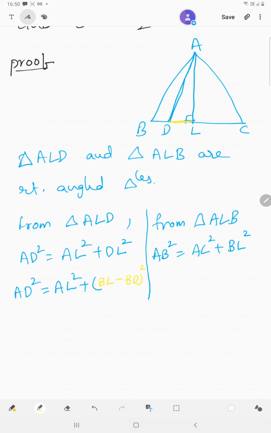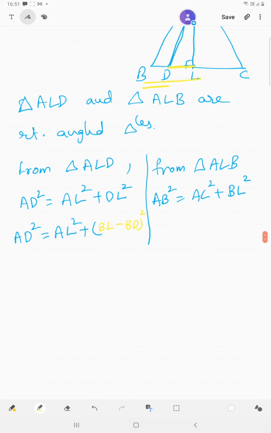Correct? This part is equal to DL is equal to BL minus BD. Yeah, up to here, this is the only step you have to remember here.